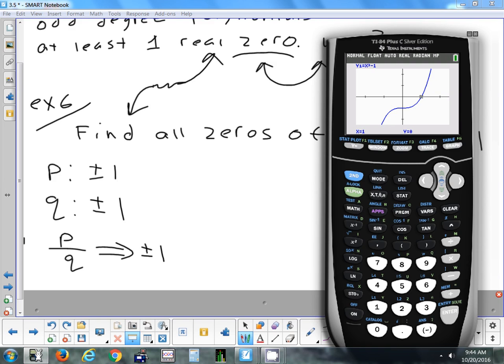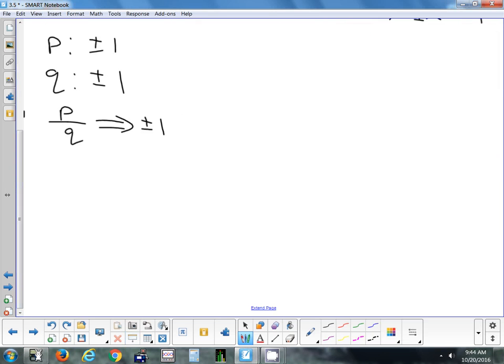But what I'm really interested in is when I do the synthetic division, I know I'm going to get a remainder of what? 0, but I really want the quotient, because the quotient is going to give me the other two answers. And since I'm only seeing the graph cross once, the other two answers are probably imaginary. Perfect. Okay, so that's kind of the thought process when you go through it.